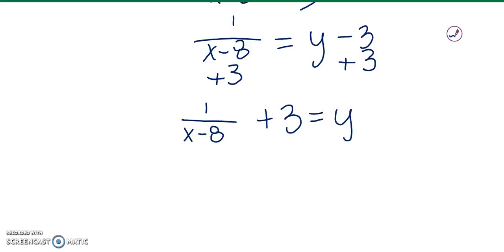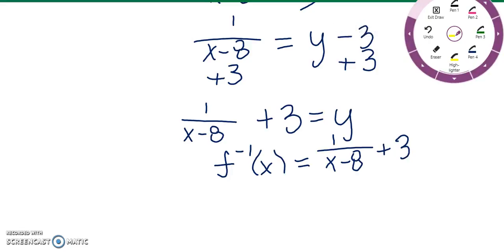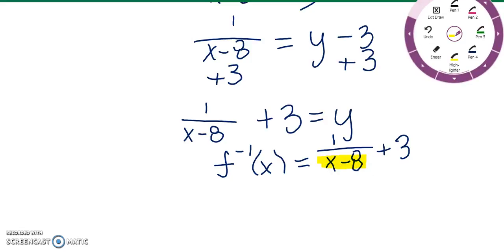Rewriting our function in terms of x, f inverse of x equals 1 over x minus 8 plus 3. In our inverse function, we see that there is an input value in our denominator.